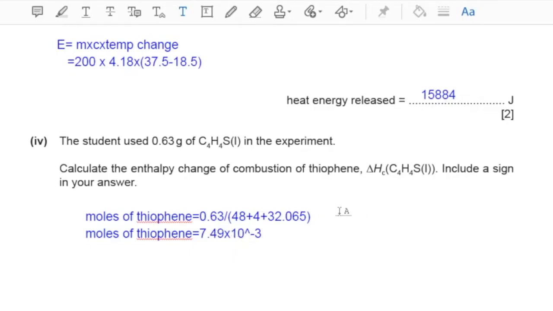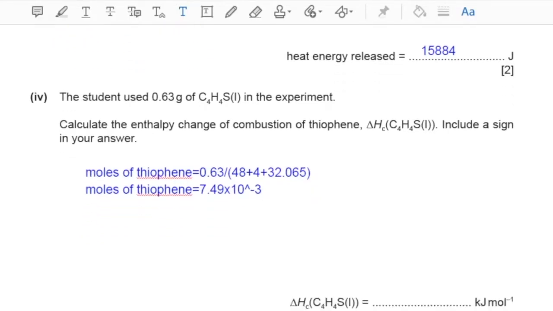So how much energy will be required to combust 1 whole mole of thiophene, which is what we have to calculate. So we need to divide 1584 by 7.49 times 10 to the power minus 3 moles. But before you do that, you have to convert joules to kilojoules, since in the question they are asking you to find enthalpy change of combustion in kilojoules. So you need to convert this energy over here to kilojoules first.